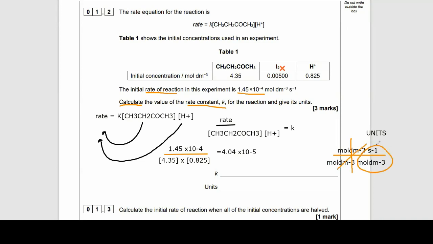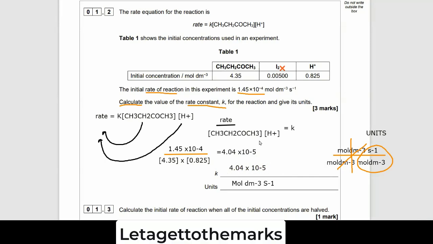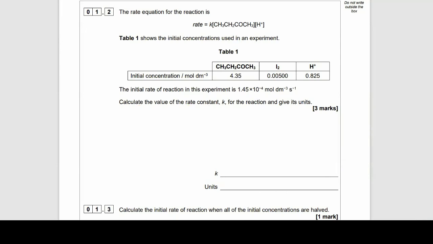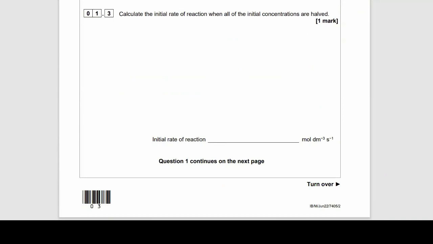So essentially, I'm dividing s minus 1 by mol dm minus 3, and that's going to give me mol dm minus 3 s minus 1. So the units are mol dm to the minus 3 s minus 1, and the answer for K is 4.04 times 10 to the minus 5, and that will get you all 3 marks, which is lovely jubbly. Now, the units for K can change depending on the number of concentrations you have at the top and if they're to the power of anything.